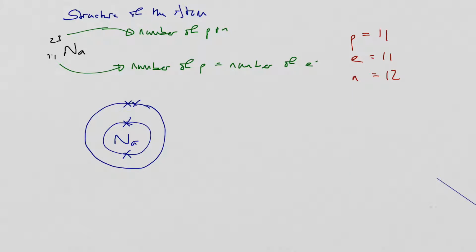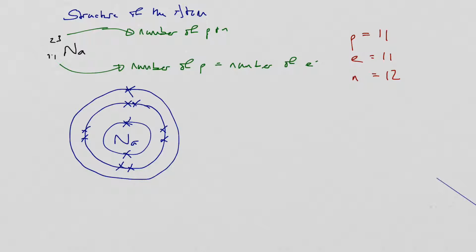That shell can fit 8, which, if you count up, gives us 2, 4, 6, 8, and then here 10, which means if we've got 11 electrons in total, we've got 1 more electron. That has to go in the next shell. And so what we've been able to do is to draw an atomic diagram for sodium.